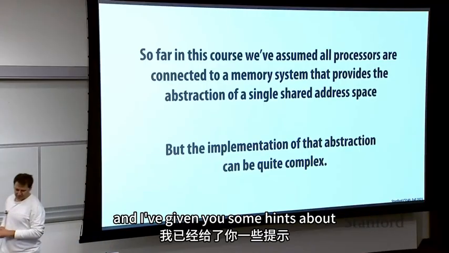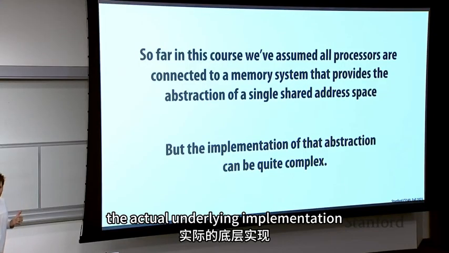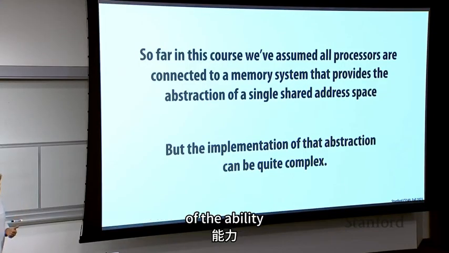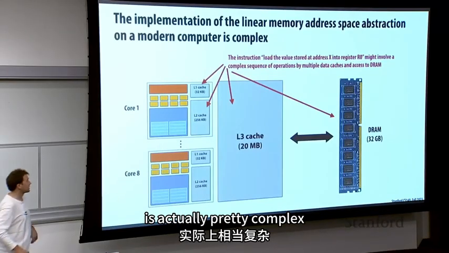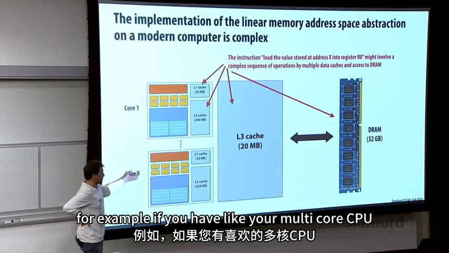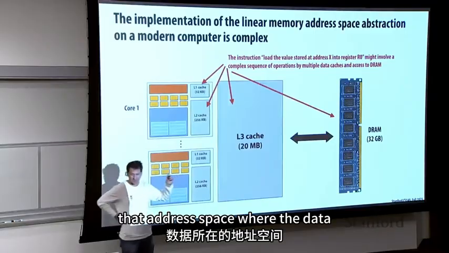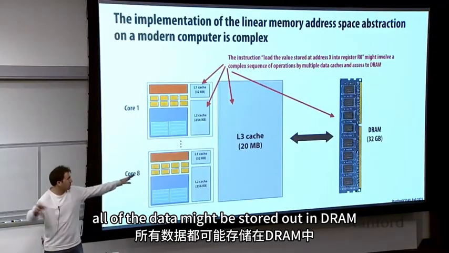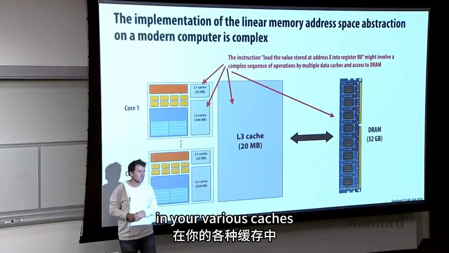I've given you some hints that, even though that's conceptually simple, the actual underlying implementation of the ability for all processors to read and write to all variables is pretty complex. For example, on your multi-core CPU, all of the data might be stored out in DRAM, but lots of copies of that data are stored in your various caches.